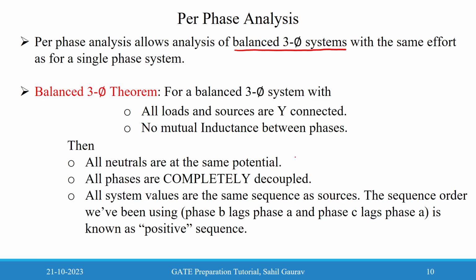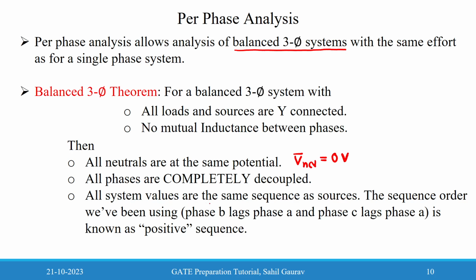All neutrals at the same potential means that if one node for the source is small n and the other node at the load is big N, the voltage between them will be 0, whether or not the neutral points are connected, in a balanced three-phase system. This voltage difference between node points is always 0. All phases are completely decoupled. That's why we can do per phase analysis.